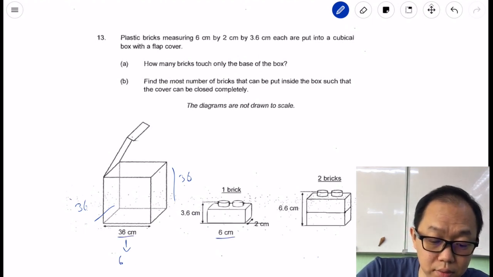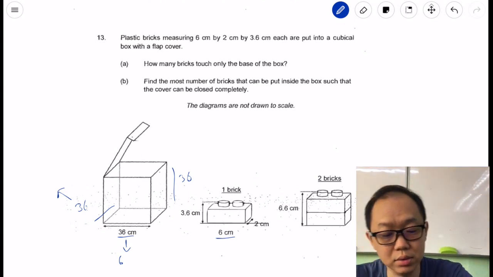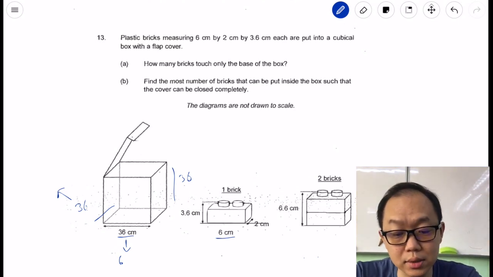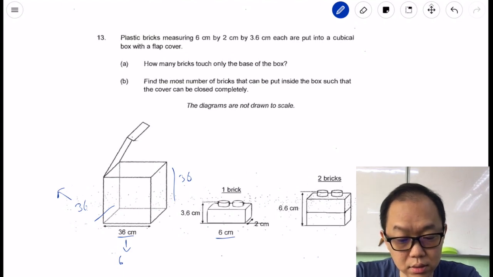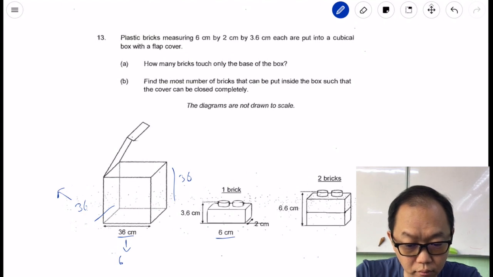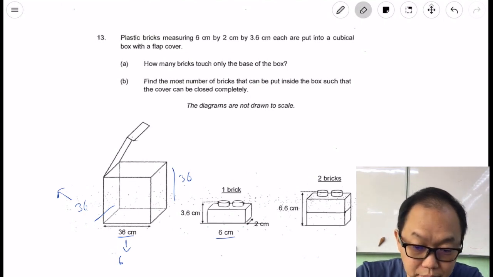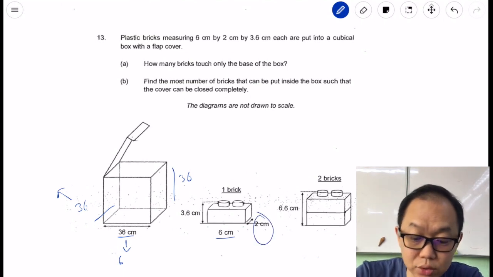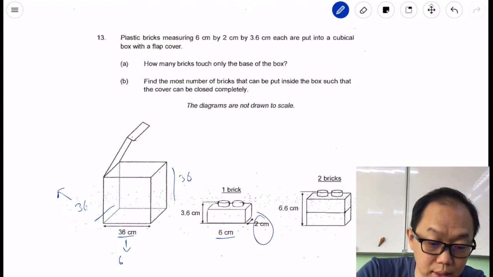How about the width? From here, how many can I put? I take 36 divided by 3.6. Sorry, the side here is 2, so it's 18.